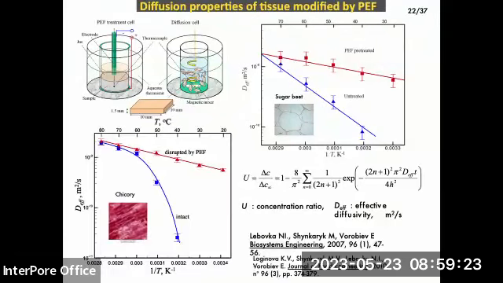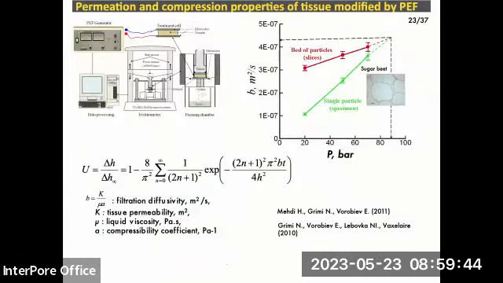Here, for example, for the shikari tissue, you can see also at the temperature of about 80 degrees, the same effective diffusivity for the PEF-treated and untreated tissue, and the difference increases with decrease of the temperature. So this is for the diffusion properties. We can say the same about the compression and permeation properties of the tissue treated by pulsed electric field.